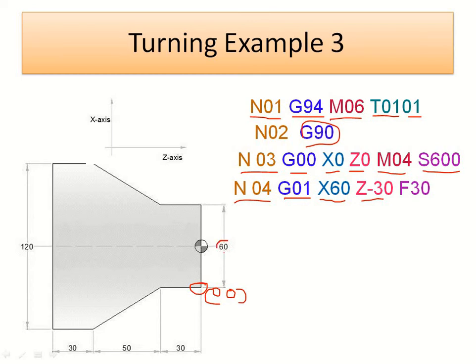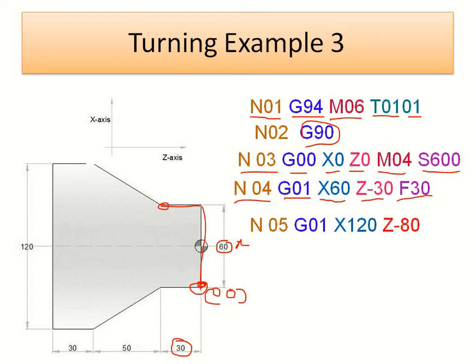So for the X direction, from the first position to 60, and then travel to this position, that is the dimension 30. We give Z minus 30, and feed is provided as F30. When it starts machining, we can also provide the feed rate.